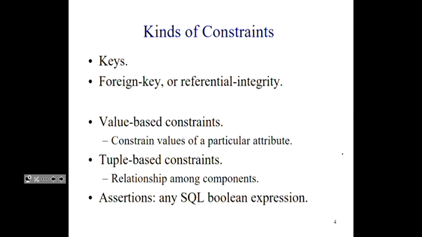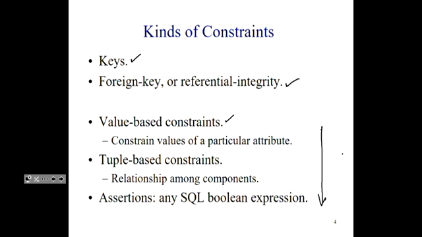All right, so we've seen one simple form of constraint, which is keys. Another form of constraint which is very closely related are foreign keys or referential integrity constraints, and we'll cover that in a second. Then you have increasingly complicated forms of constraints.